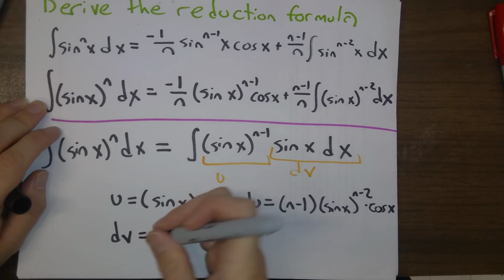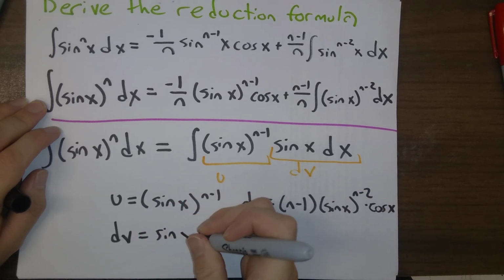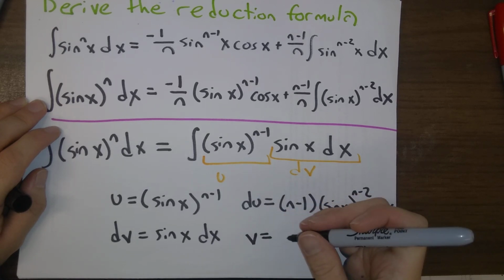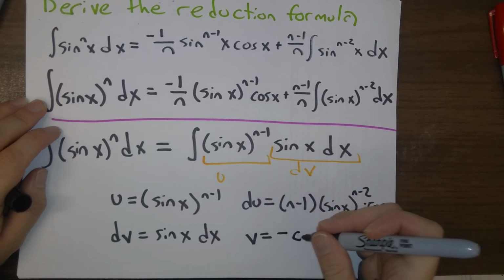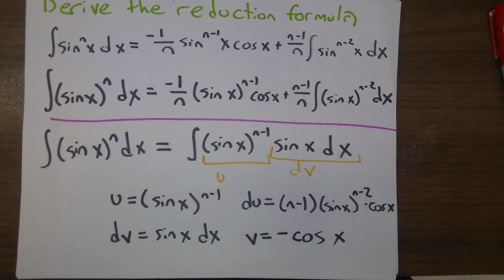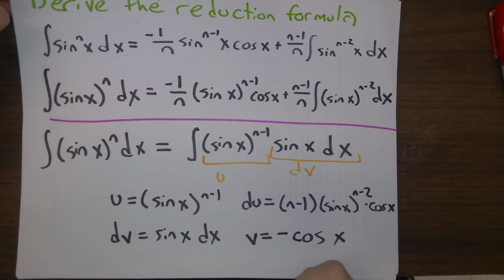And dv now is going to be sine x dx, and we can easily integrate this. Integrating sine of x gives us minus cosine x. Okay, so let's write out what formula we get from integration by parts.